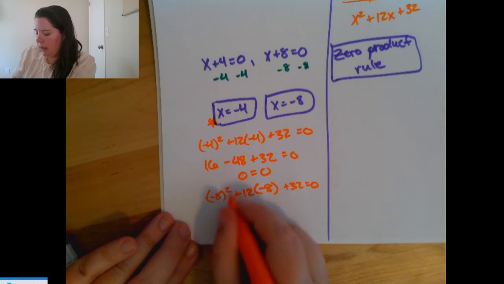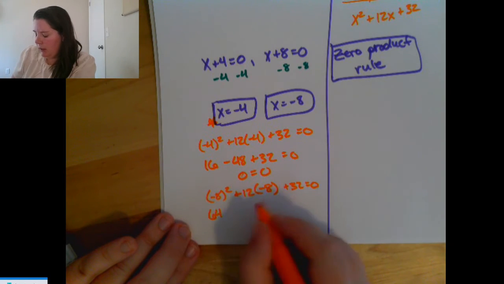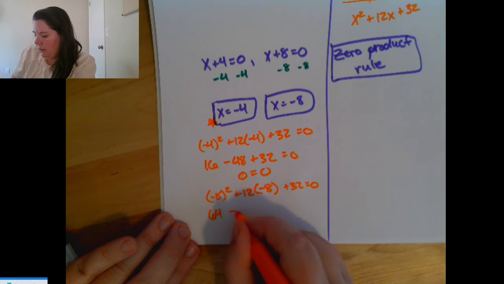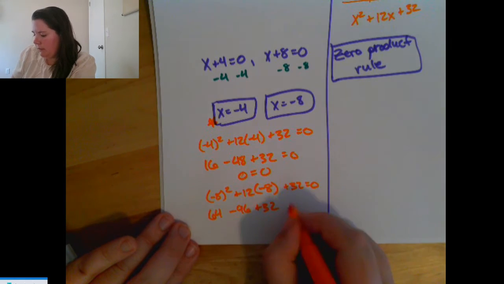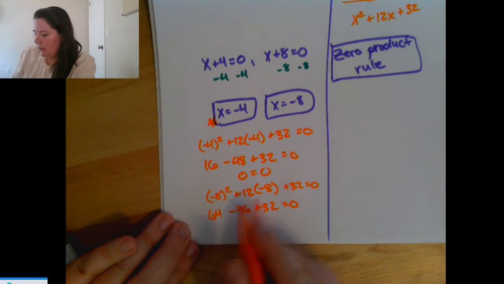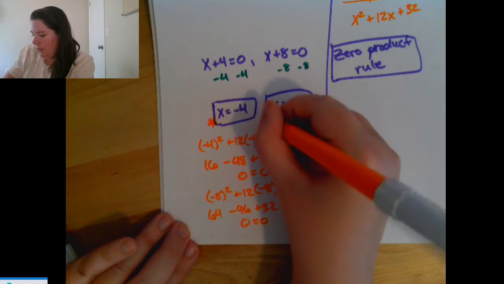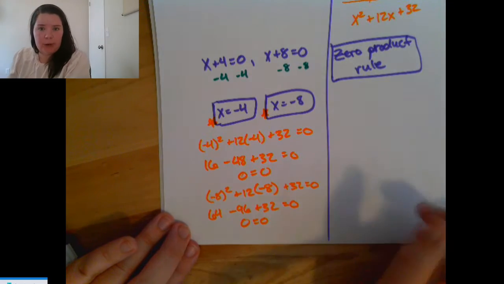This becomes positive 64, negative 96, and there's that positive 32 at the end. So altogether, I have a positive 96 and a negative 96. So that answer is also correct.